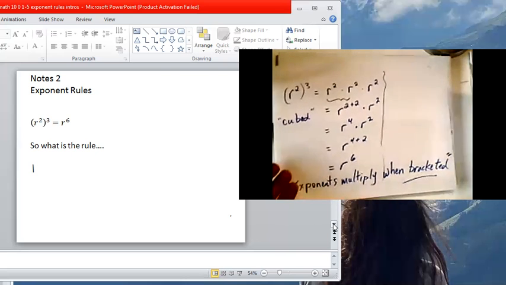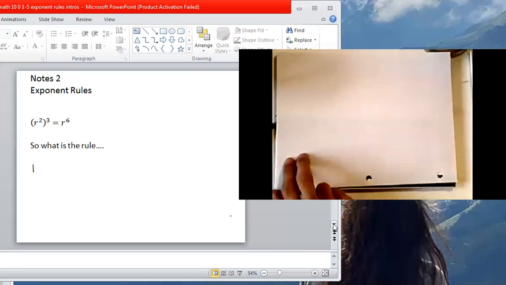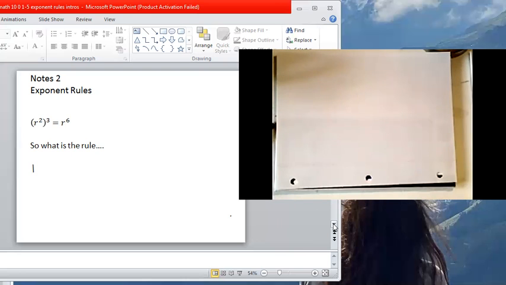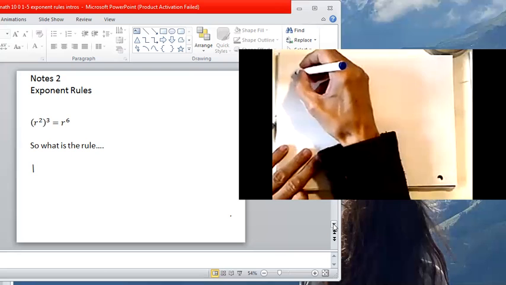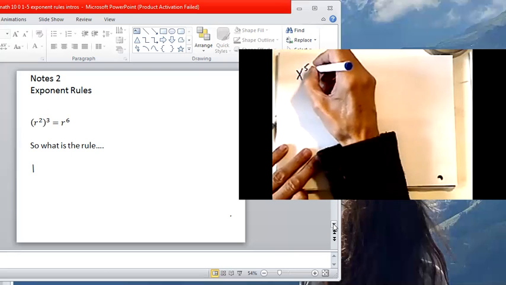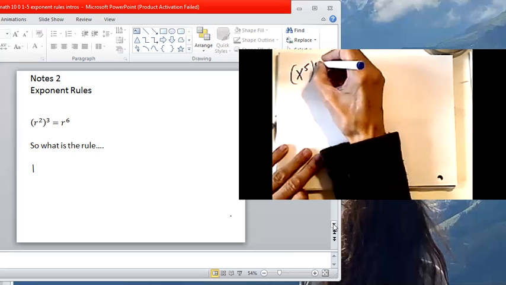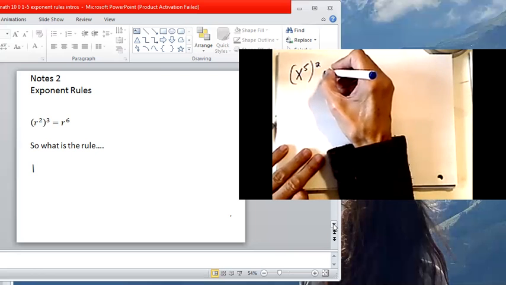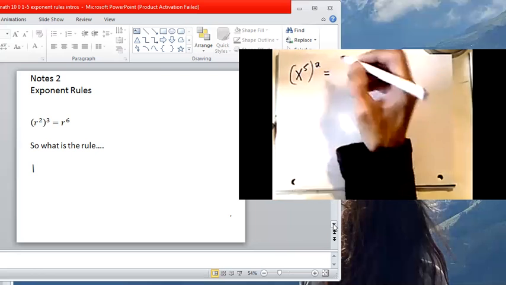So let's take a look at this example. Let's see, we got something that looks like x to the 5, all squared now. What is this thing going to equal?